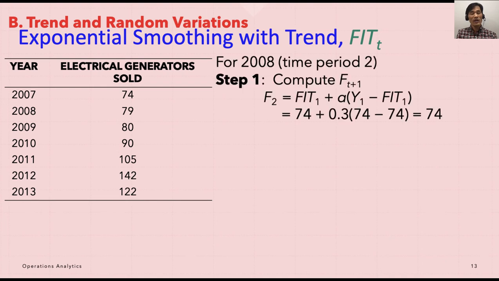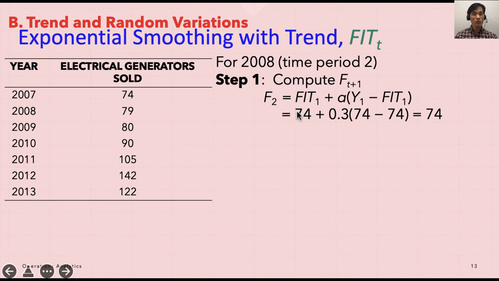So step one is to compute F t plus 1, and F2 is FIT 1 plus alpha times (Y1 minus FIT 1). FIT 1 is, we are just using the previous data because we don't have it at this moment.